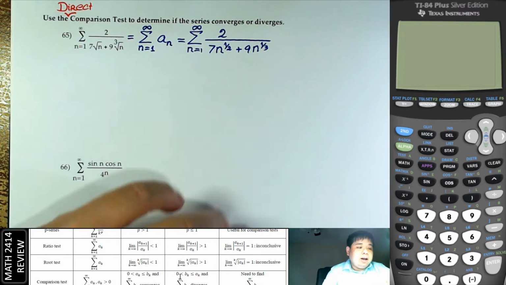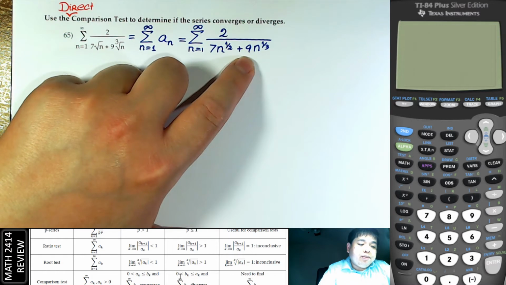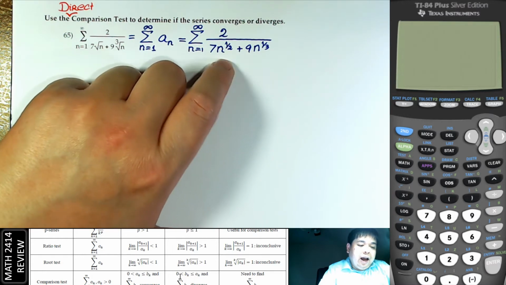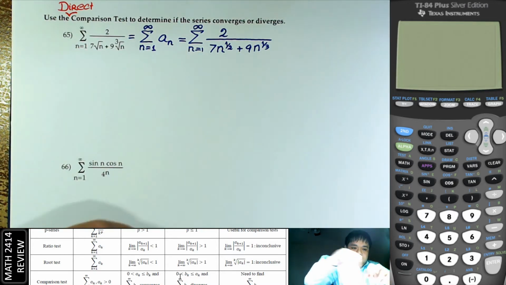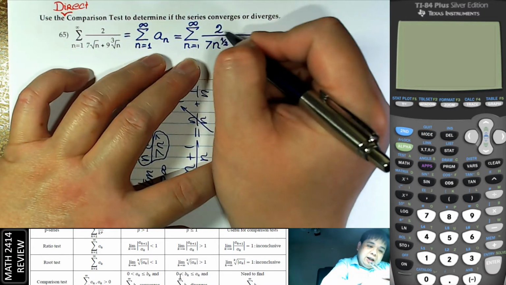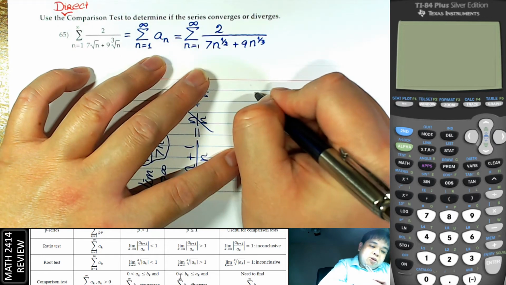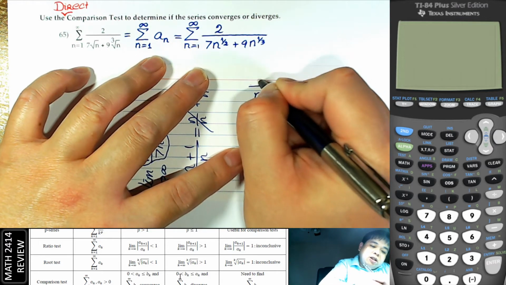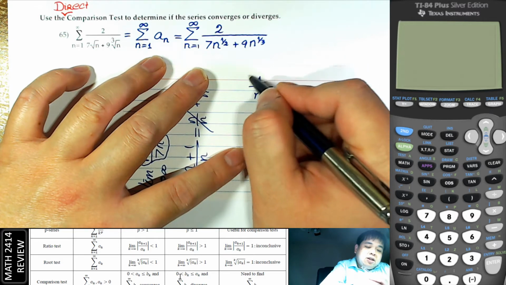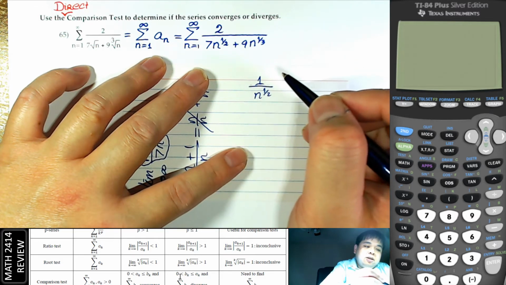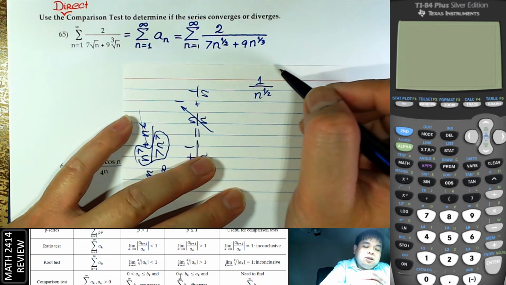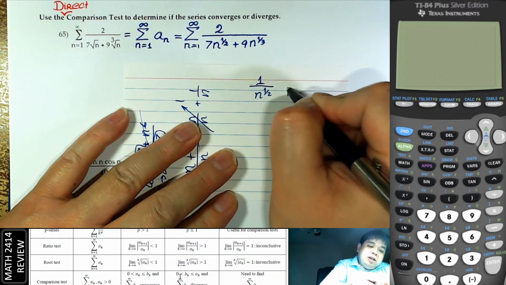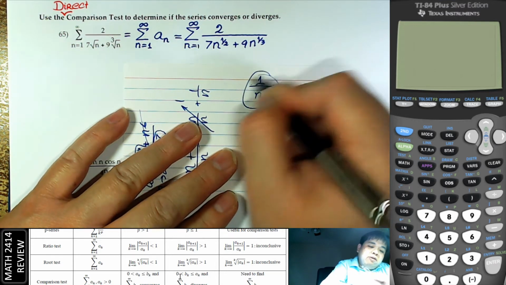So if we compare with n, we take the one with the high power, which is n to the 1/2. If we consider that as a series, now this is divergent, because it is a p series with p equal to 1/2, so this is divergent.